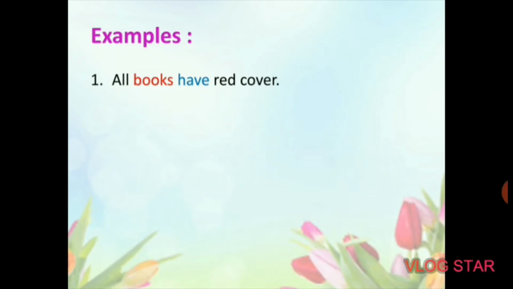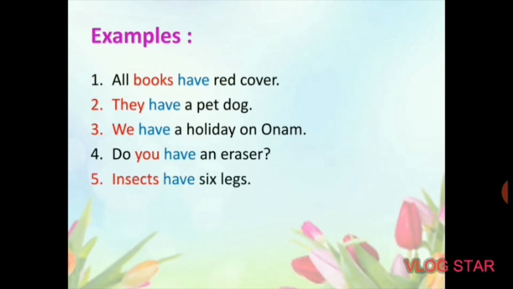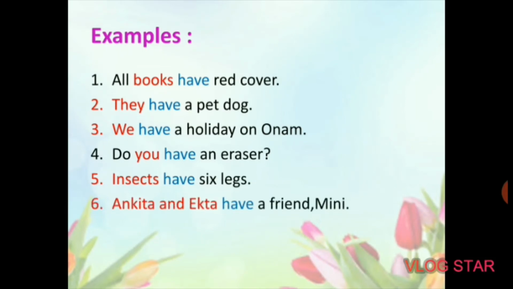All books have red cover. They have a pet dog. We have a holiday on Onam. Do you have an eraser? Insects have 6 legs. Ankita and Ekta have a friend Minnie. I have a blue bag.